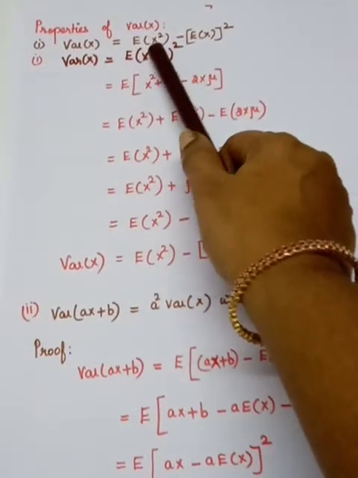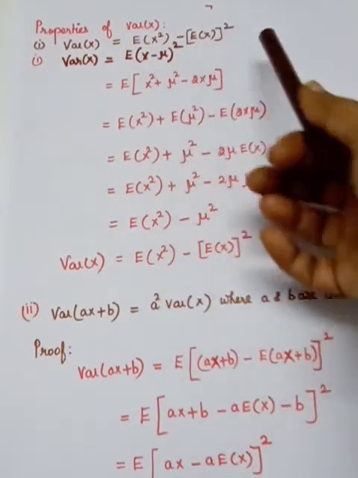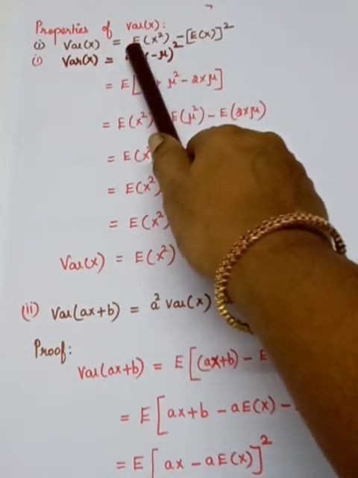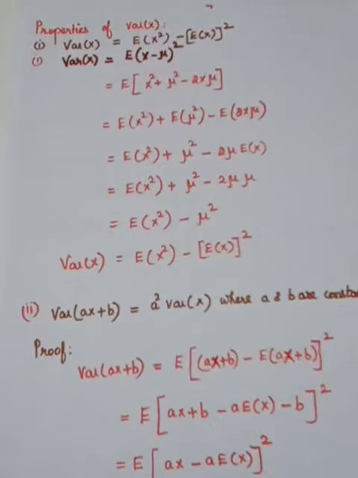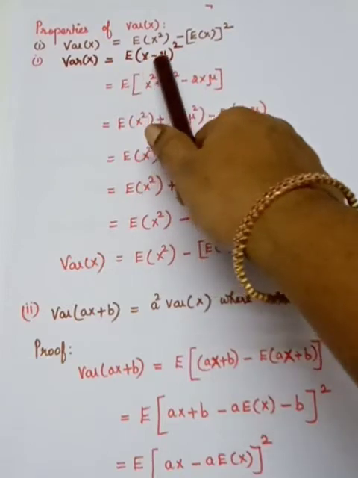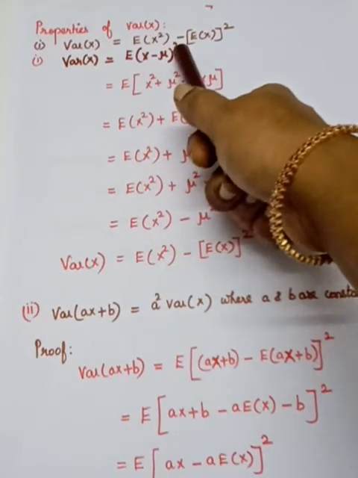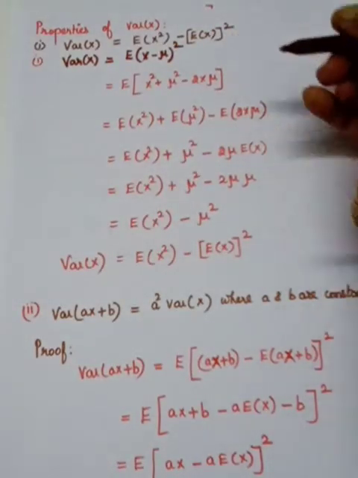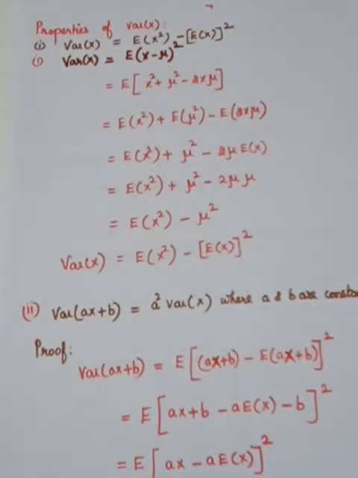This E of x squared is different from E of (x) the whole square. E of x is the mean. Here you have to find E of x squared. We have learned just now that variance of x is E of (x minus mu) the whole squared. From that formula we are going to derive this result.